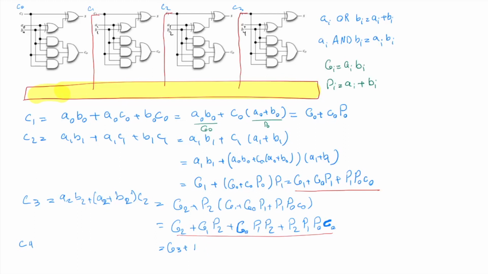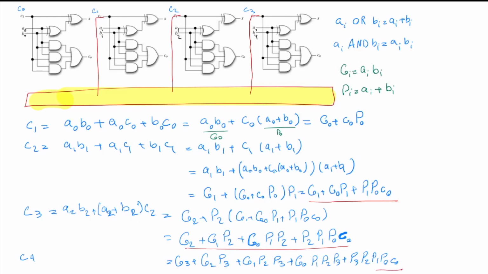Let me, for consistency, write it as plus G2 P3 plus G1 P2 P3 plus G0 P1 P2 P3 plus P3 P2 P1 P0 C0. You can do the same exercise and see that this is correct.